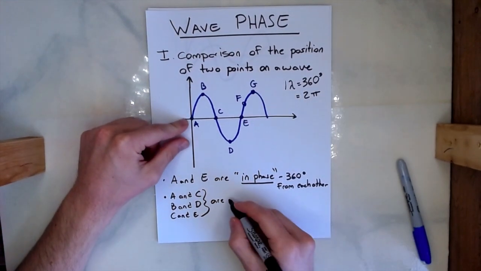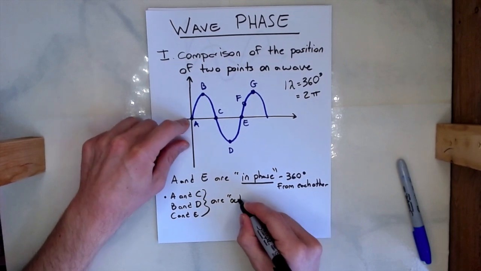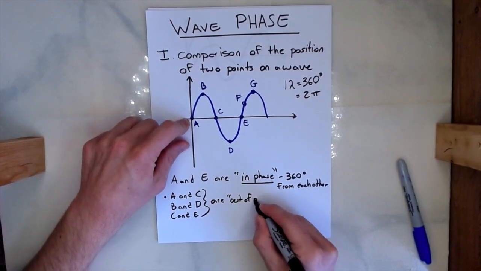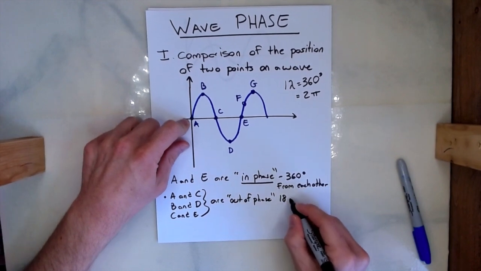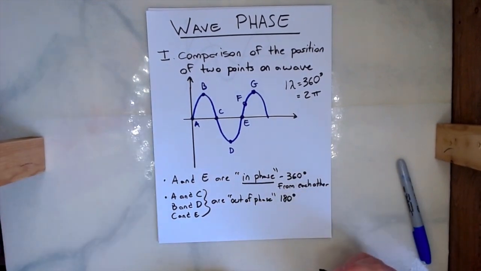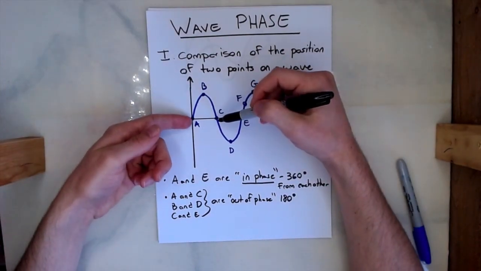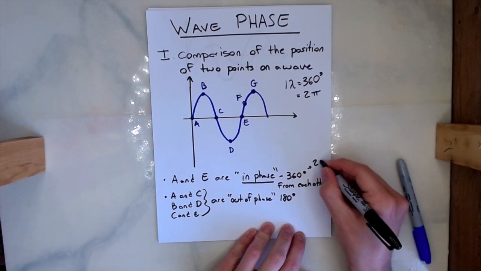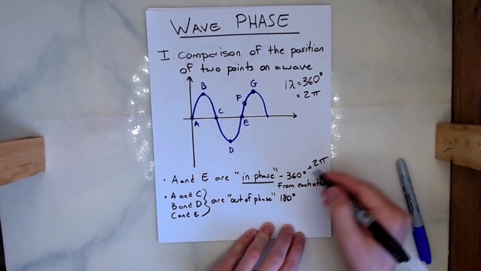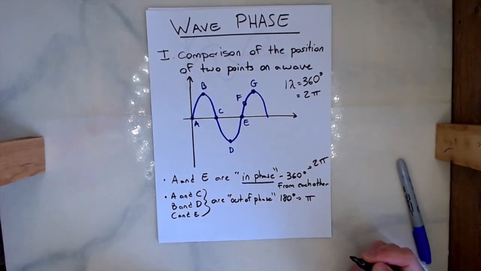That's 180 degrees. So they are out of phase 180 degrees. Okay, so these two being half a wavelength apart are out of phase by 180 degrees. I can also write this as 2 pi out of in phase, or I can write this as pi out of phase.